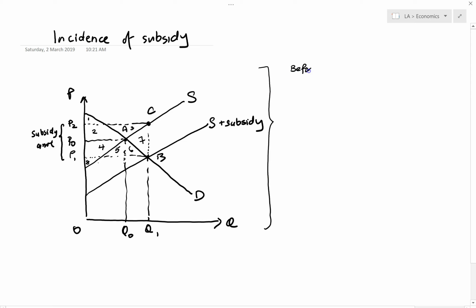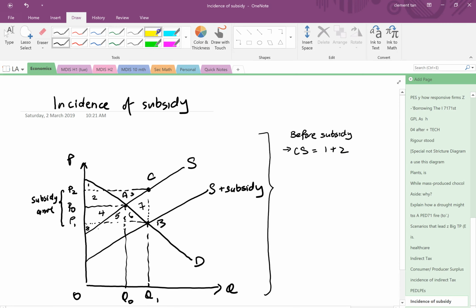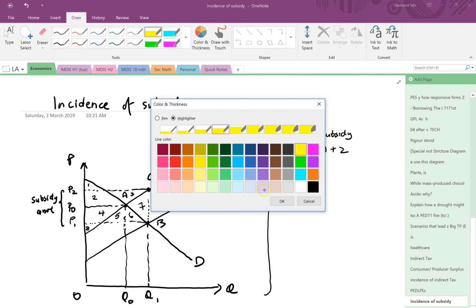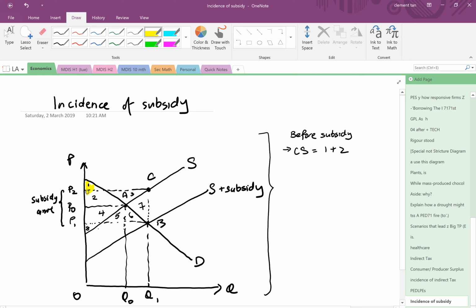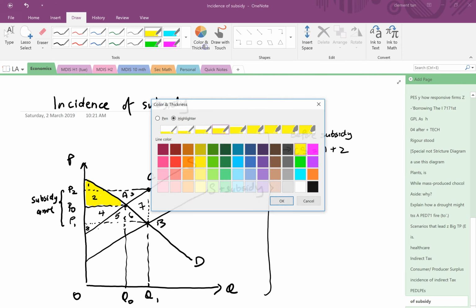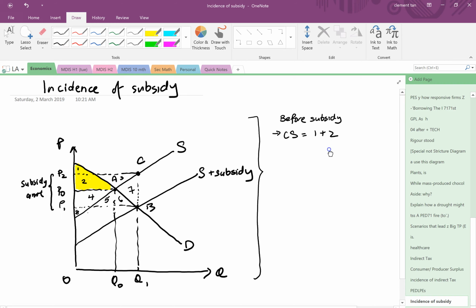Before subsidy, where is the consumer surplus? 1 and 2, right? Again?